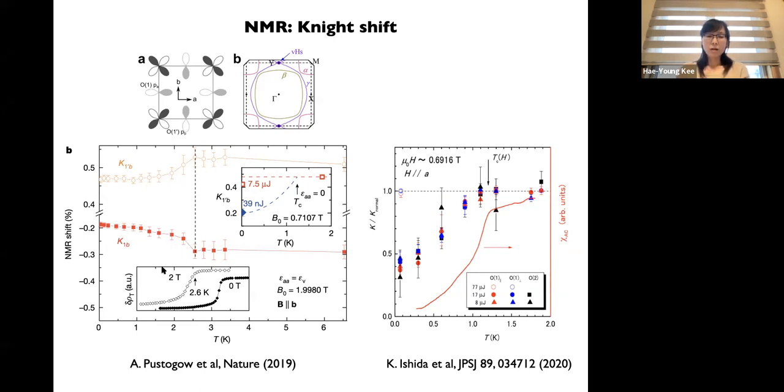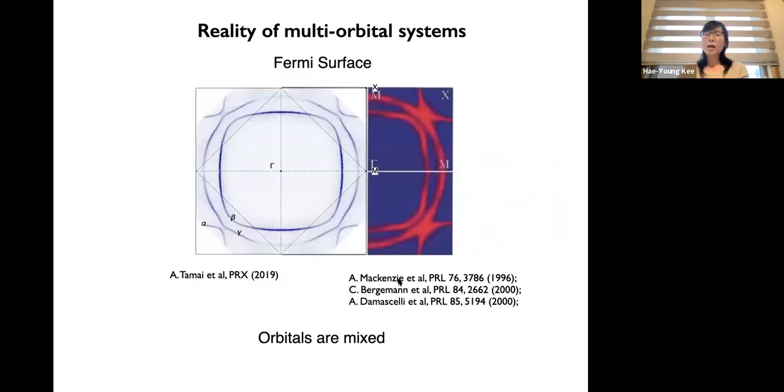This was in fact reconfirmed by Ishida and Matsuda's group, and they also confirmed that when the field is along the a-axis in the plane, the Knight shift does drop. That strongly questions whether this is a triplet superconductor, at least a simple triplet one.